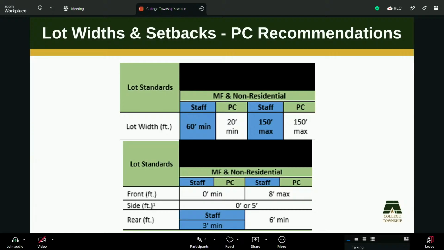Okay. Well, the only thing I would say to that is that we're in the mixed neighborhood, you have single-family residential, and you want to differentiate the multifamily and non-residential from that. So I don't know that it's inappropriate to identify a different number. In fact, I don't know that I would identify the same number.